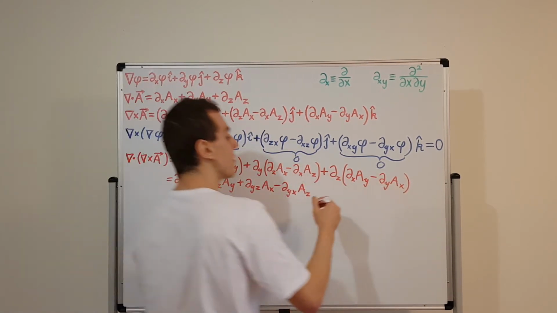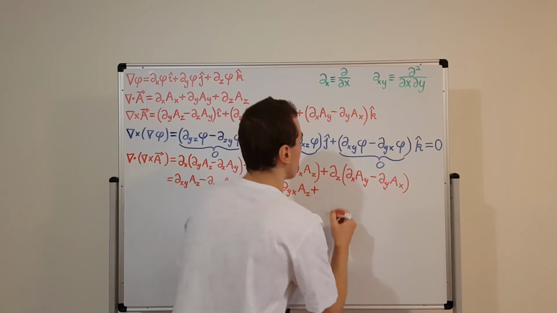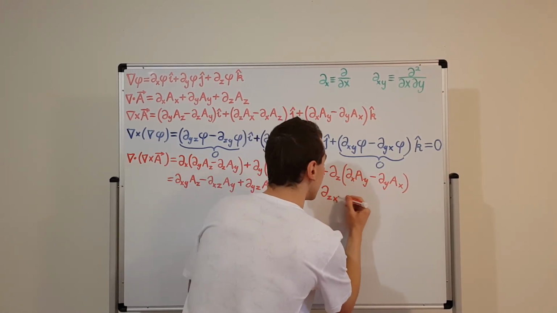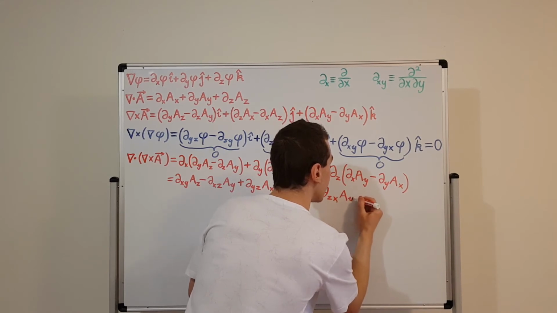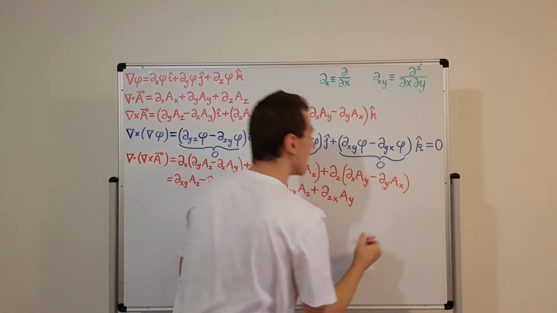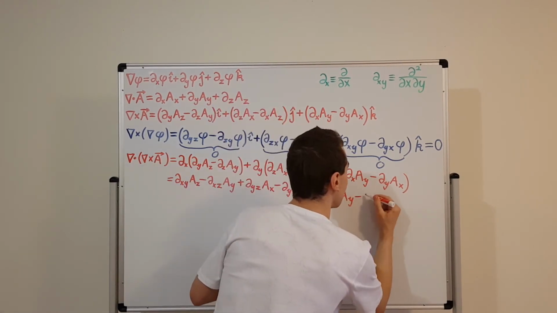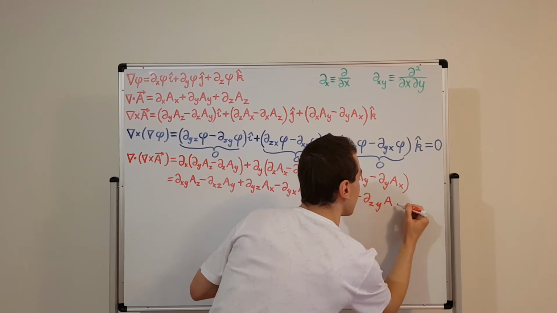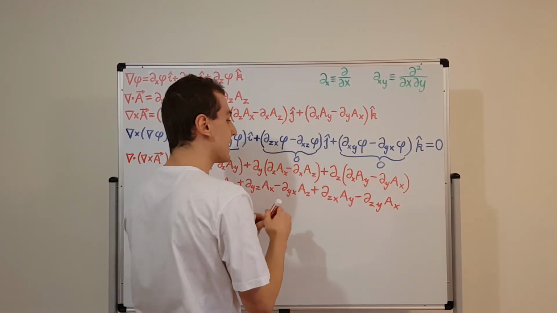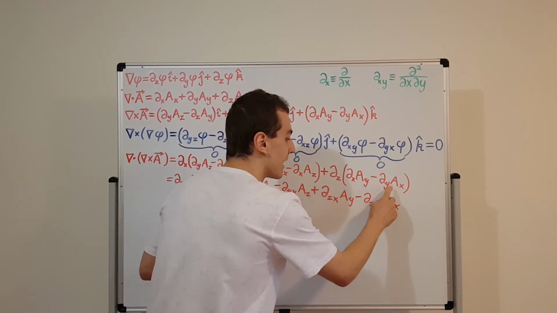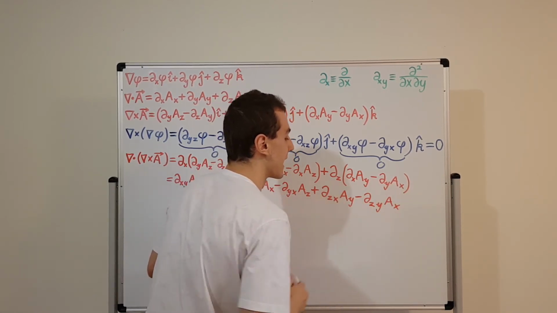And finally, this term over here, we're going to get dzx acting on ay. And the final term, which I slightly erased, is going to be dzy acting on ax. So you can see that this z and x come together and act on ay, and this z and y come together and act on ax.